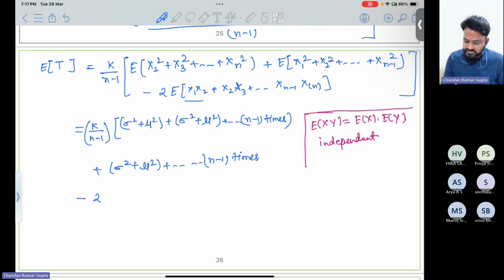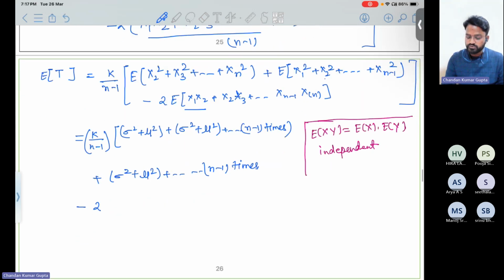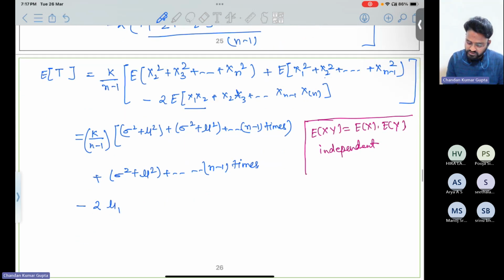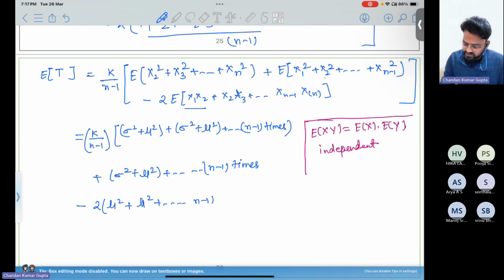Both have mean mu, so it is twice of mu square plus mu square up to, it is also n minus 1 times.